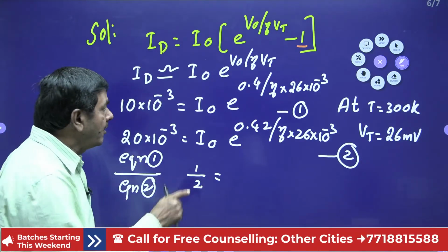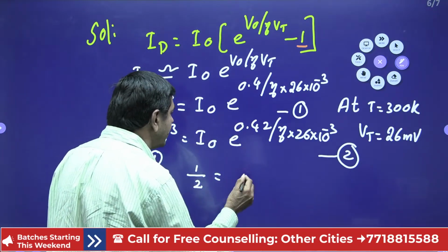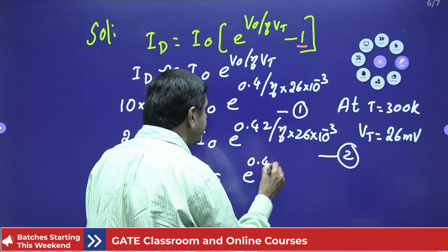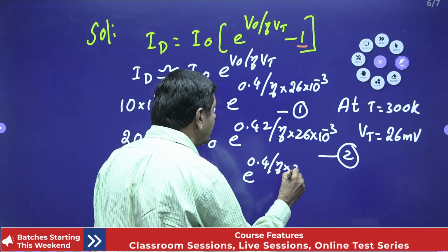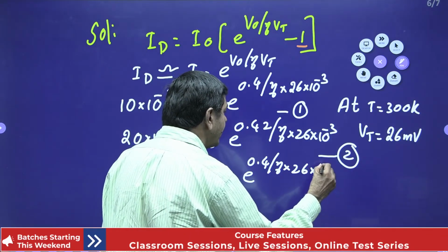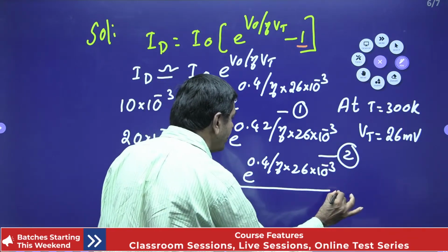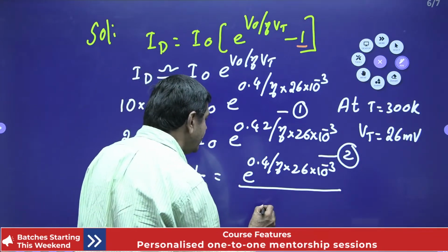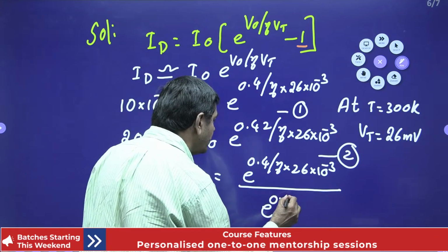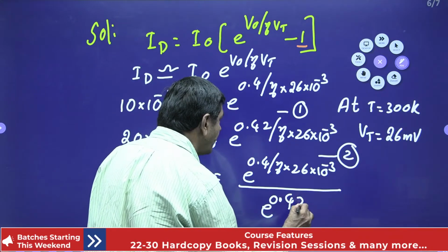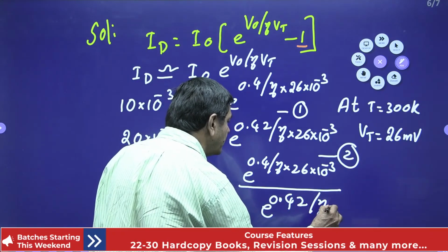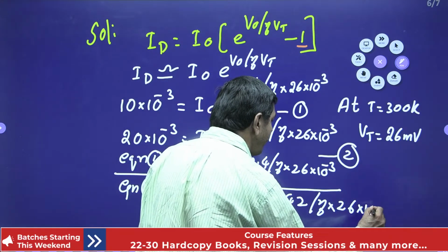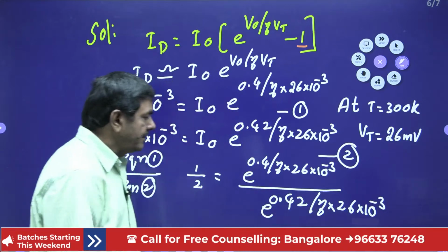So we get e power 0.4 by eta into 26 into 10 power minus 3, divided by e power 0.42 by eta into 26 into 10 power minus 3.